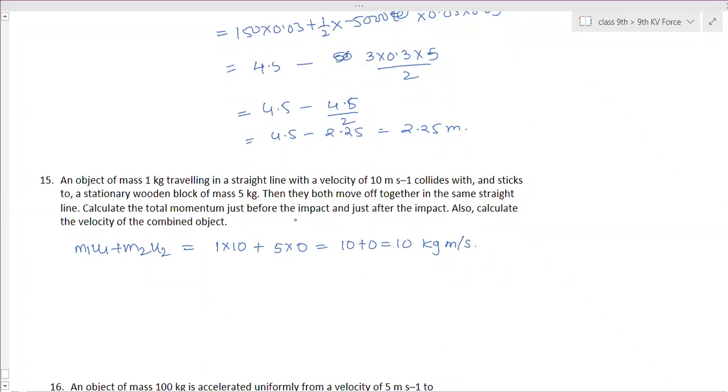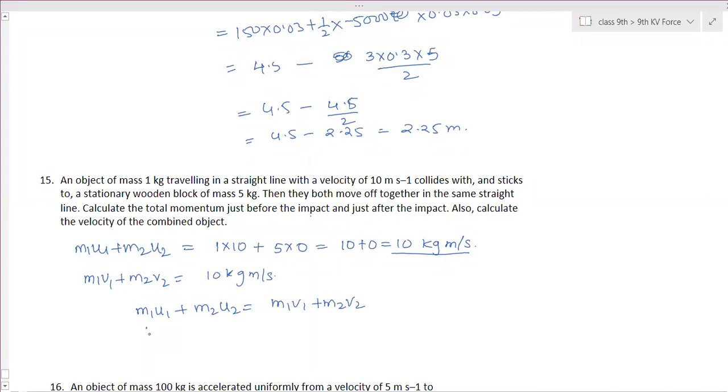Then total momentum just before impact is 10 kg meter per second, and just after the impact is also 10 kg meter per second. And then calculate the combined velocity. Ma'am, it is 0.6 meter per second. m1u1 plus m2u2 is equal to m1v1 plus m2v2.